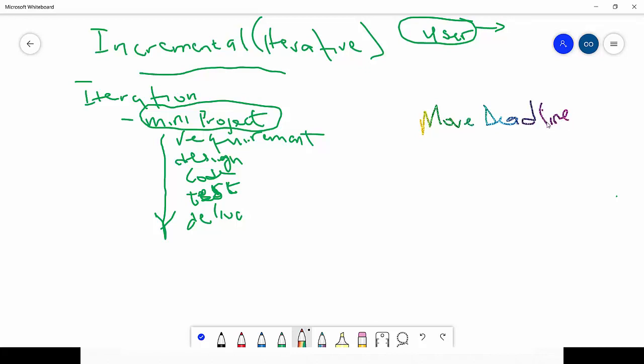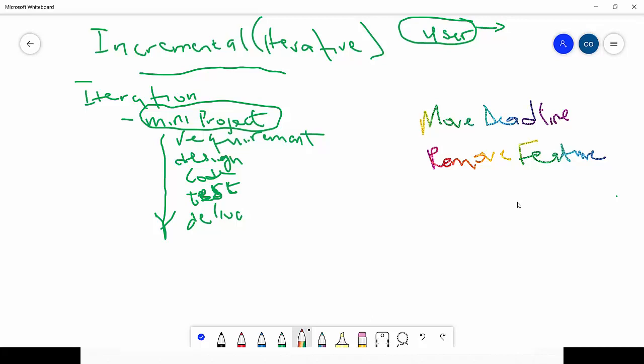You decide that our 6 months for the total project is not realistic. You talk to the user and you move the deadline. Or the other thing you can do is to remove features.